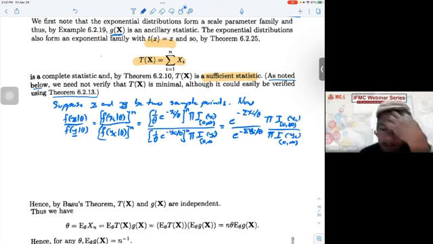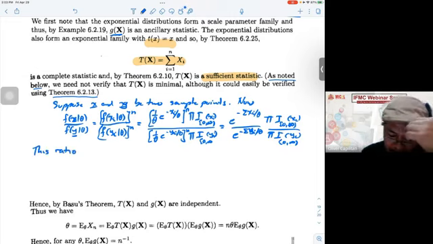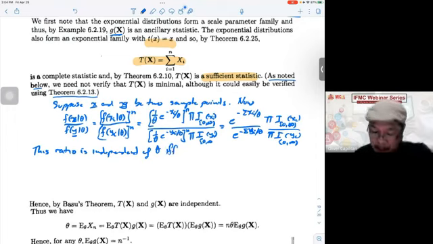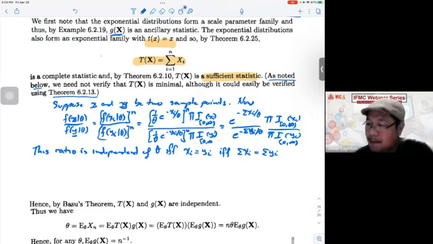Okay, so this ratio is independent of our parameter theta if and only if... ano nga yung sabi natin doon? If we have x sub i is equal to y sub i, or if and only if, all the more, the summation of x sub i is equal to the summation of y sub i.